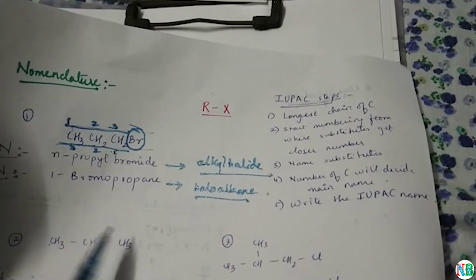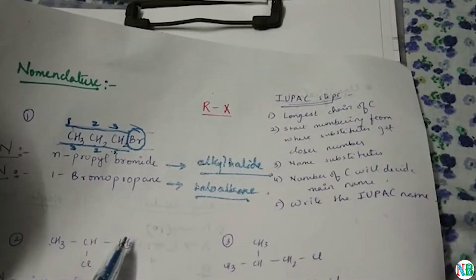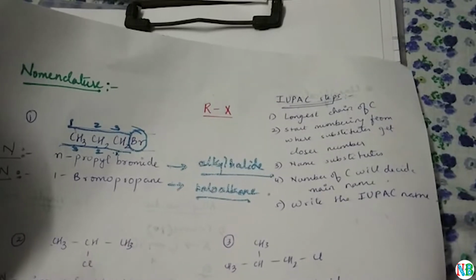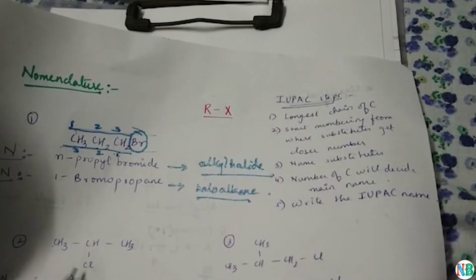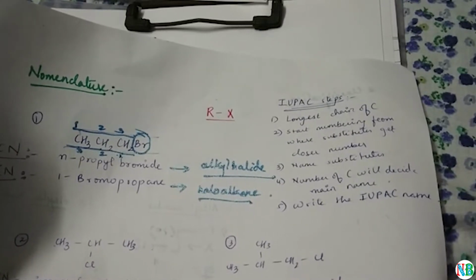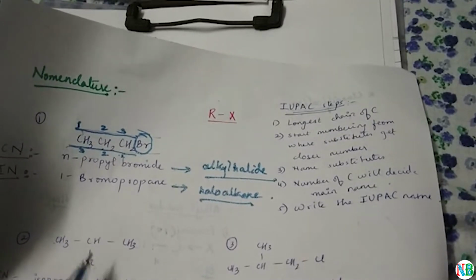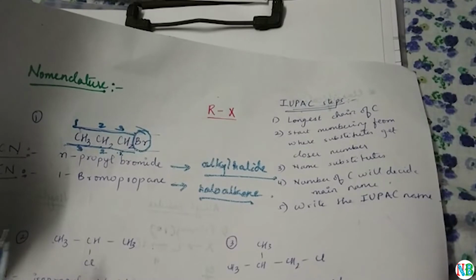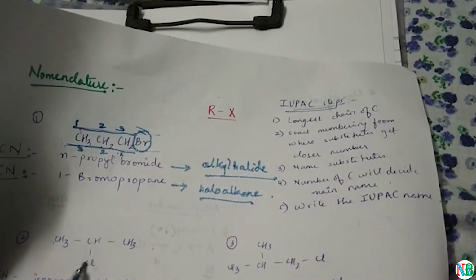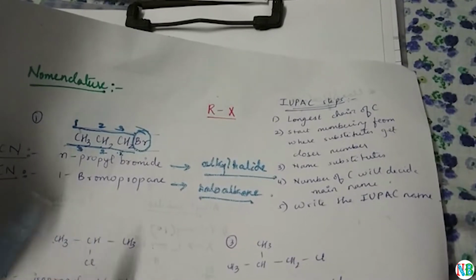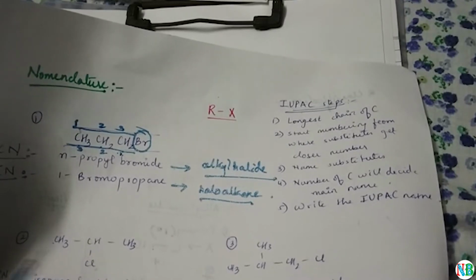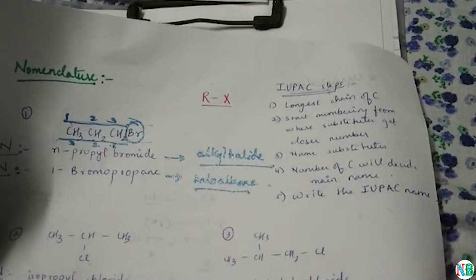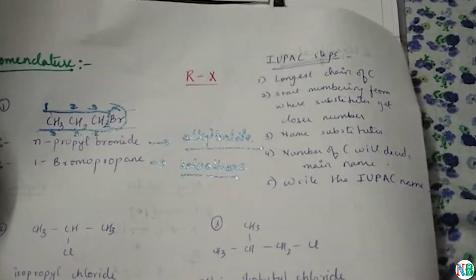Now this Cl and CH3 groups can be interchanged, and therefore I can write Cl here and CH3. So whenever you see something like this, CH3, CH, CH3, you can always use isopropyl chloride. This can also be written as sec-propyl chloride because this halogen is attached to a carbon atom which is attached to two other carbon atoms, and therefore the name can also be sec-propyl chloride. So this is what the common name is, that is isopropyl chloride.